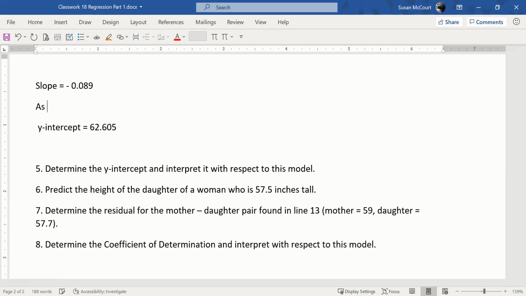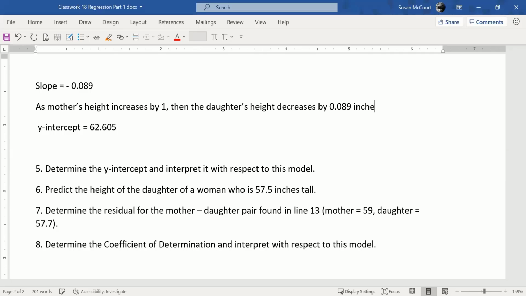As the x variable, which is the mother's height, increases by 1, and it's always increases by 1, then the daughter's height decreases by 0.089.